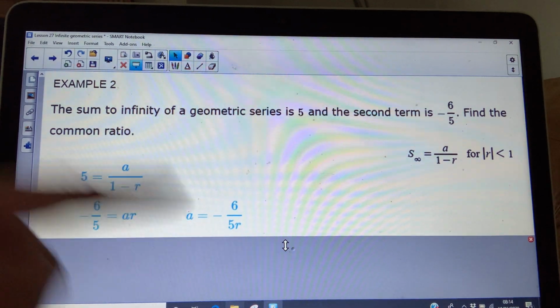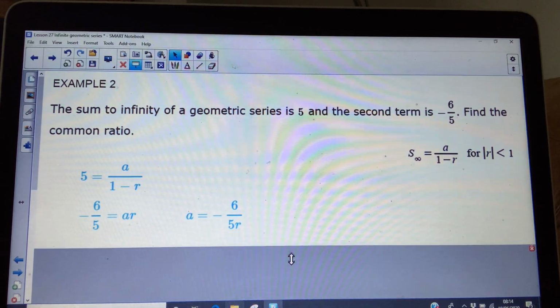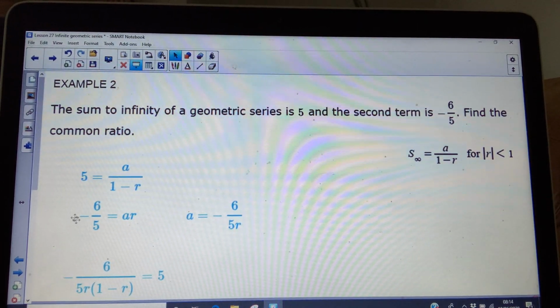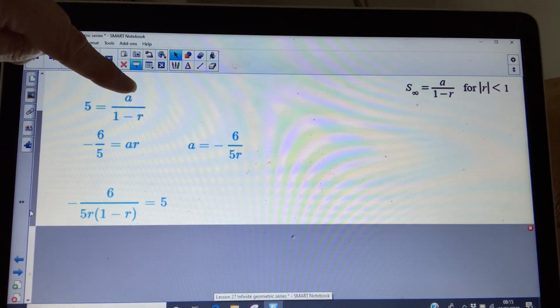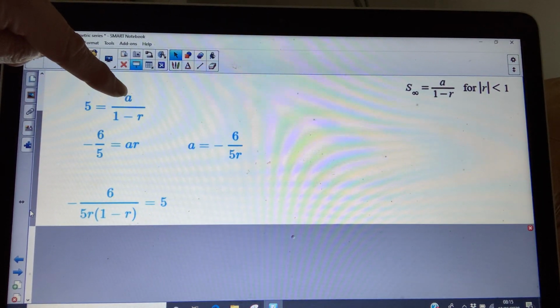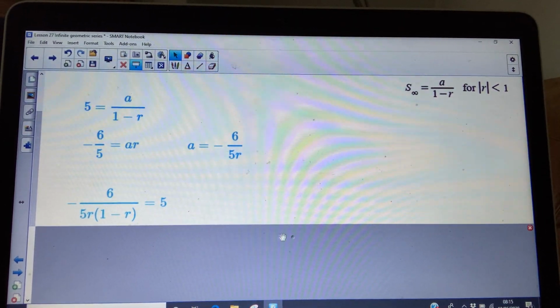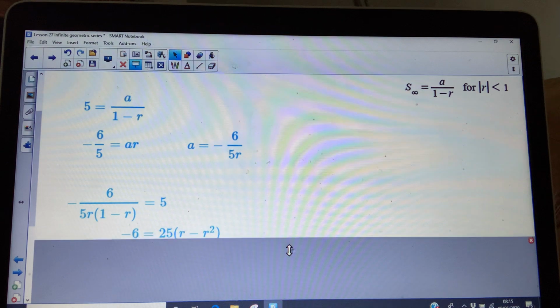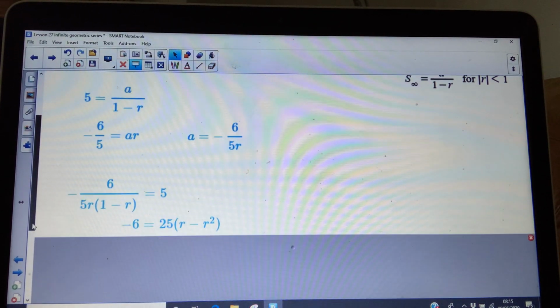So whatever you do, you make a the subject. I've then substituted this, or they've substituted this into here. And then they've rearranged and formed a quadratic in r.